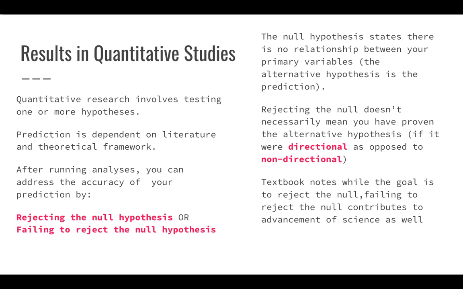The idea here being is, I don't want you to see that word failure to reject the null hypothesis and associate it with that typical connotation around the word failure. You still contributed to the scientific progress around your given phenomena, even if your prediction, in fact, does not turn out to be true.